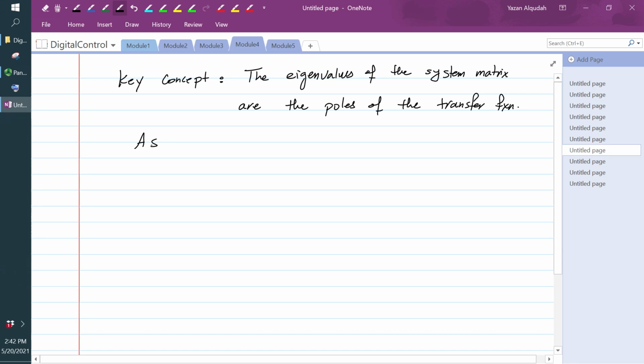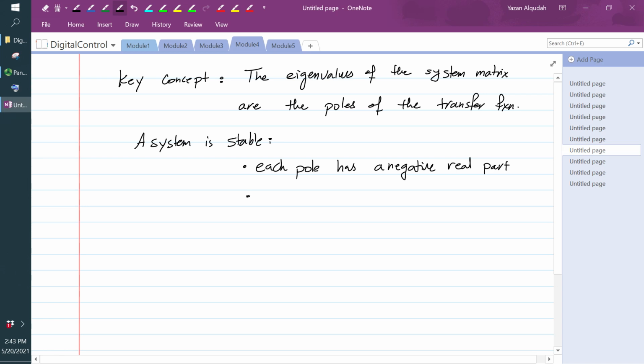So a system is stable if, when I'm dealing with poles, each pole has a negative real part.